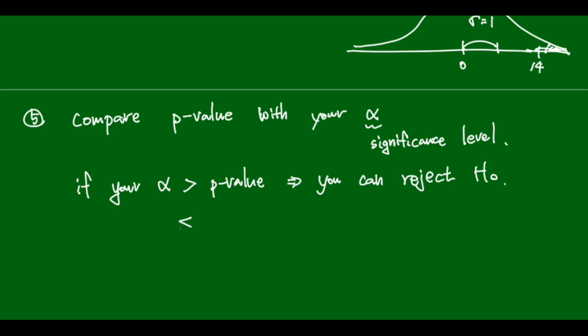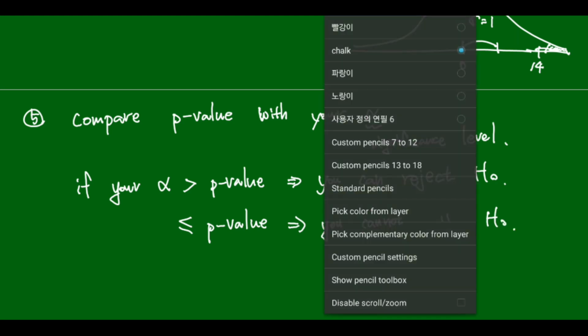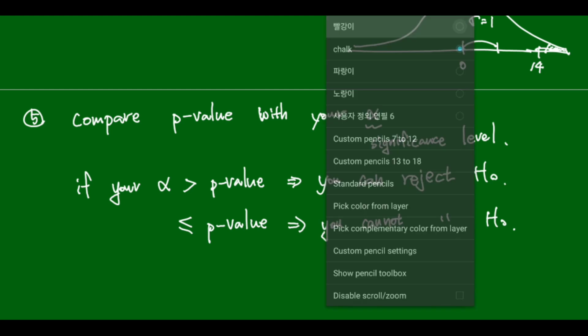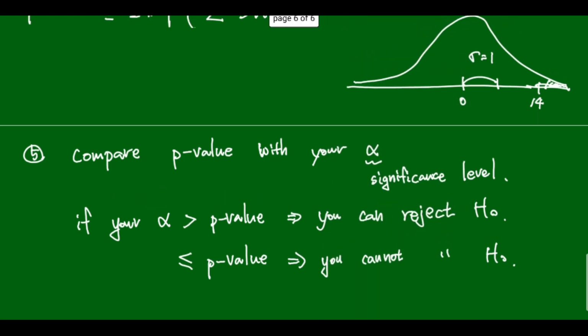Otherwise, if the p-value is larger than alpha, then you cannot reject H null. And in our case, our p-value is really small.